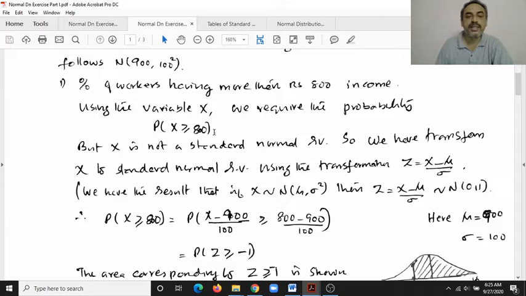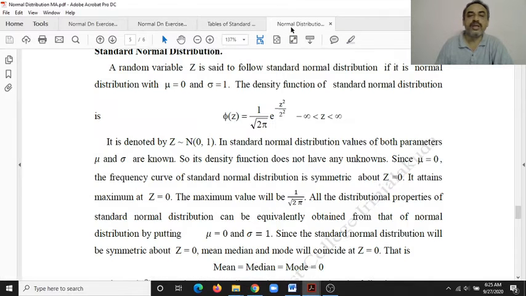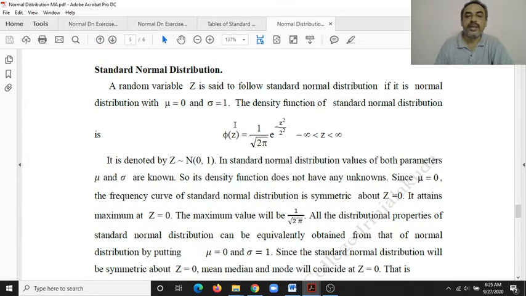Now the variable x is given as normally distributed. But to find this probability of x greater than or equal to 800, we have to use the standard normal distribution. The standard normal distribution is the situation of normal distribution when the mean mu is 0 and the standard deviation sigma, or variance sigma square, is equal to 1.